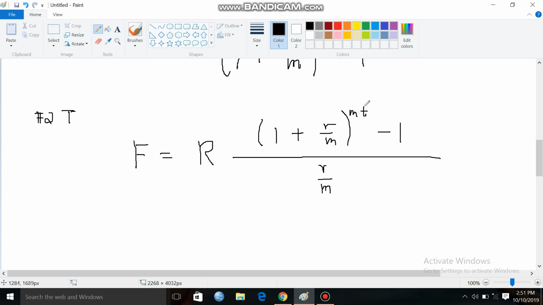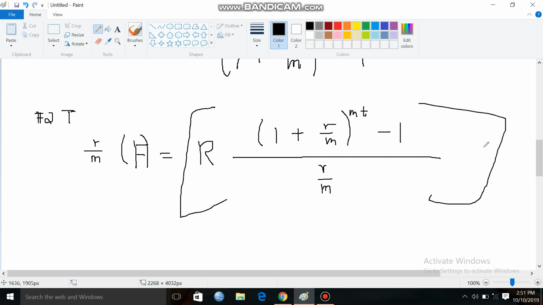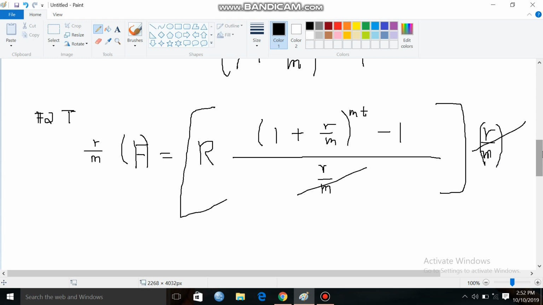Since we are looking for the time, we need to first eliminate this r over m. Since this is the denominator, we multiply both sides of the equation by r over m, then cancel out this r over m.